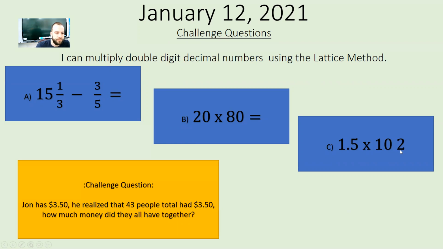All right, so subtract mixed numbers, multiply with powers of 10, get rid of the 0, add the 0 to your answer, and then multiplying with powers of 10, so 10 to the second power, which is not 102. And then you have your challenge question, which I want to see if you can multiply with decimals before I teach you. Can you do that with the challenge question?